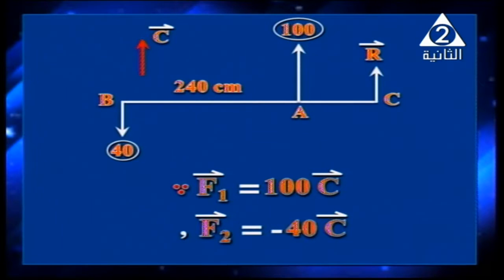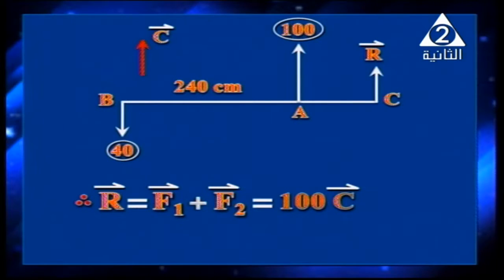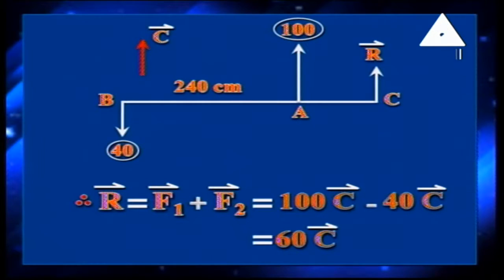Negative because it is in the opposite direction. Therefore, R equals F1 plus F2, or 100 minus 40. In this case F2 equals negative 40, so R equals F1 minus F2, 100 minus 40, equals 60 in the C direction. Magnitude of R equals 60 Newton.